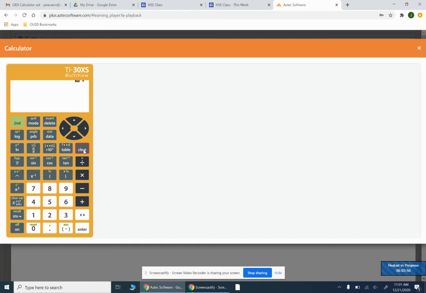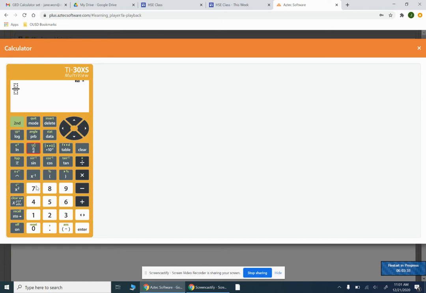I'm going to clear this because next I want to show you how to change an improper fraction into a mixed number. So an improper fraction is when the numerator is bigger than the denominator. So again, I'm going to press the n over d button, the fraction button.